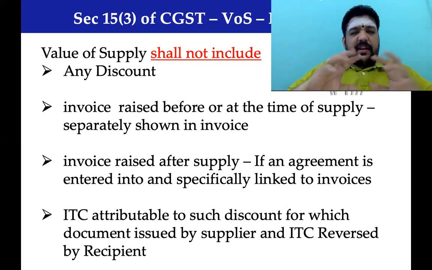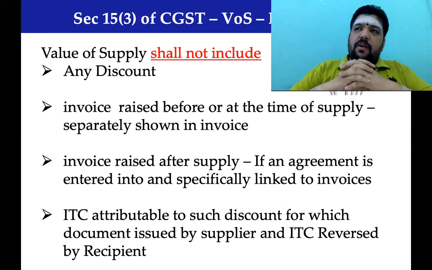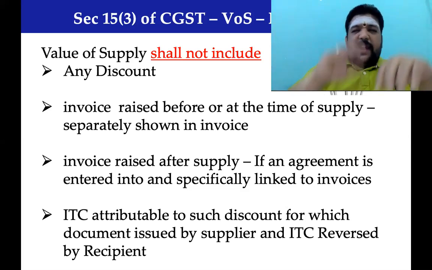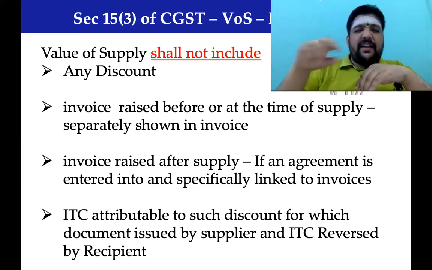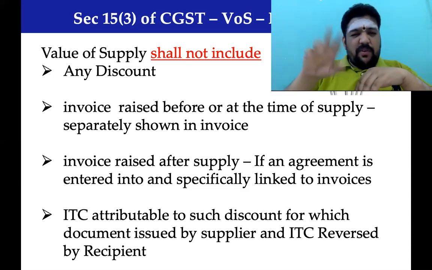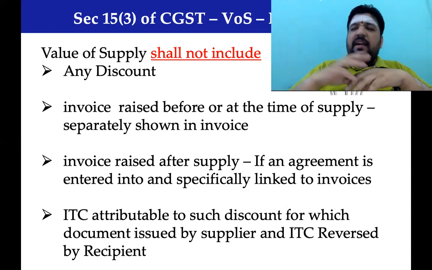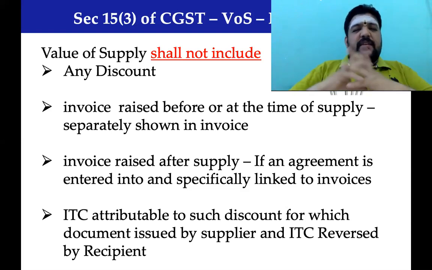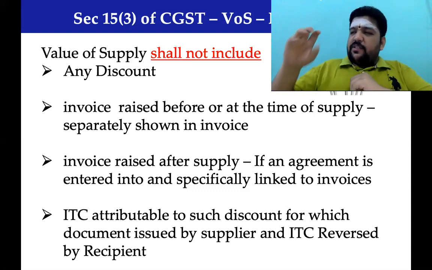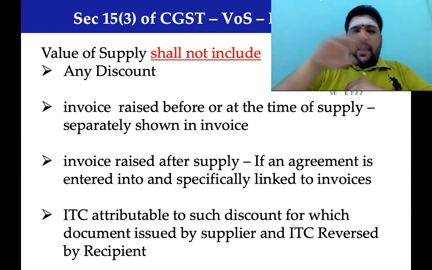On the date of supply, they supplied each shop, let's assume for our comfort, 10 bread packets each. So the whole number game becomes 100 bread packets. So 10 bread packets are supplied to store A, store B, store C, store D, store E, and all these stores.